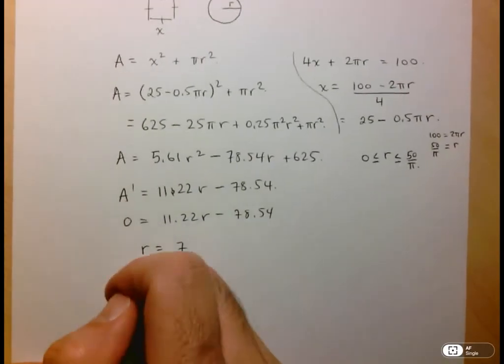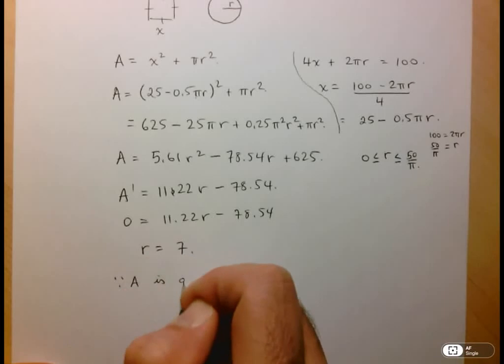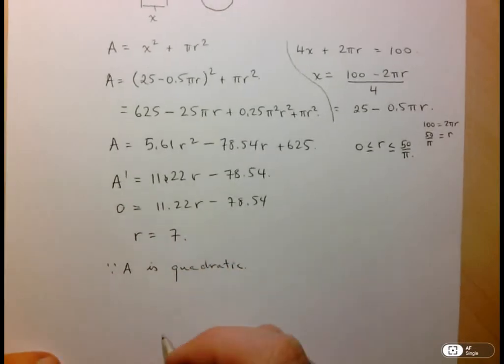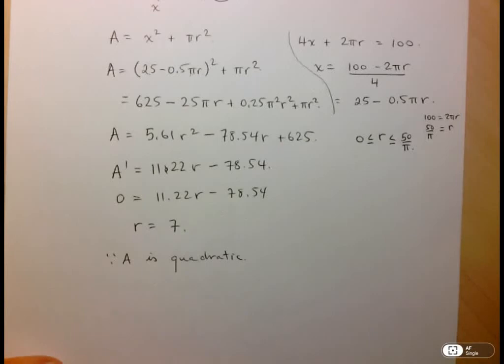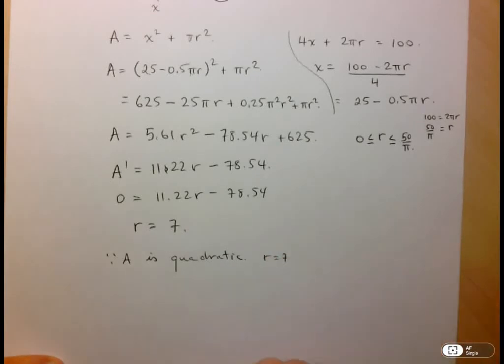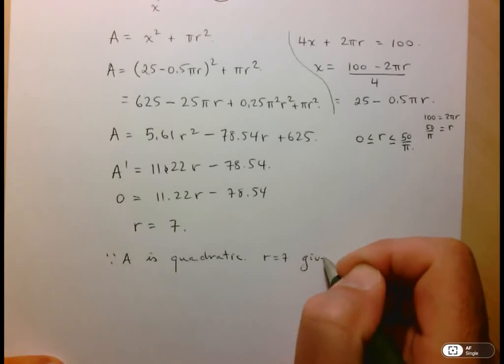Now here, since A is quadratic, notice I'm not actually going to check the signs, because quadratic functions are functions we know very well. We know r equals 7 gives a minimum value.